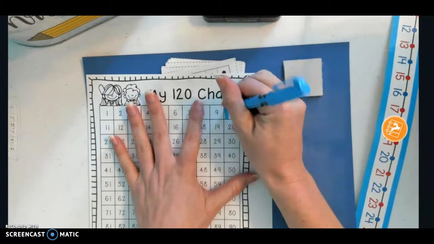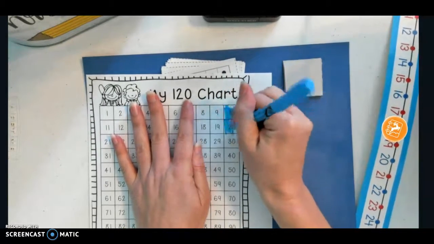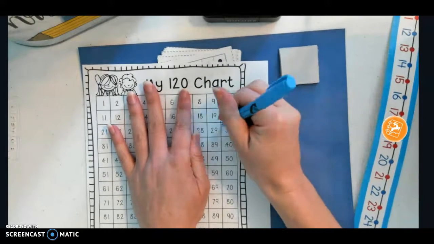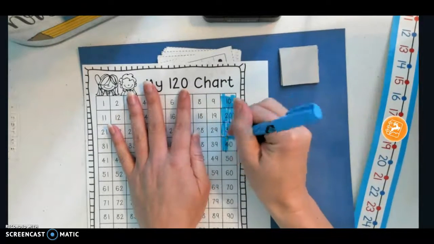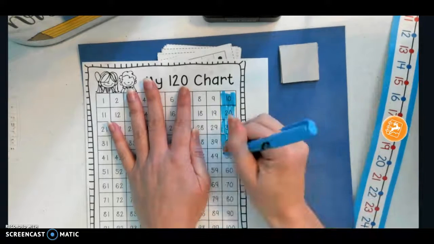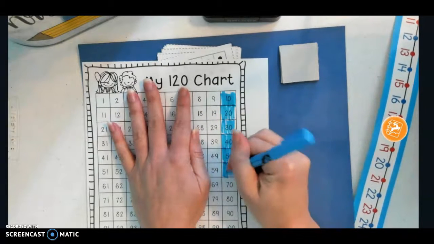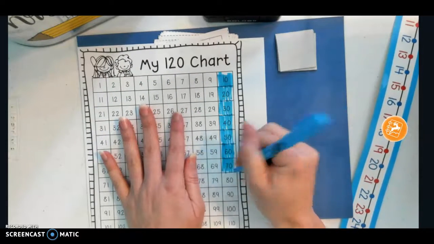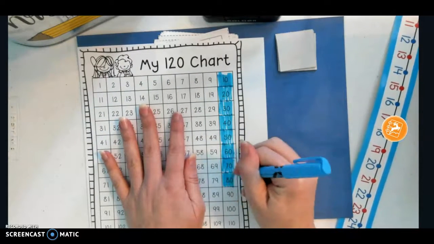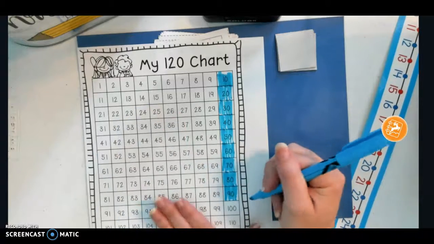You should have done this last week on your virtual 120 chart. 10, 20, 30, 40, 50, 60, 70, 80, 90.